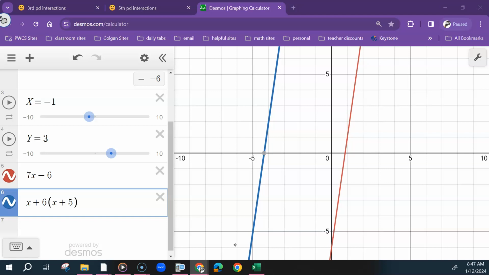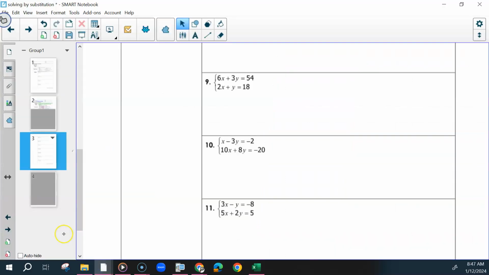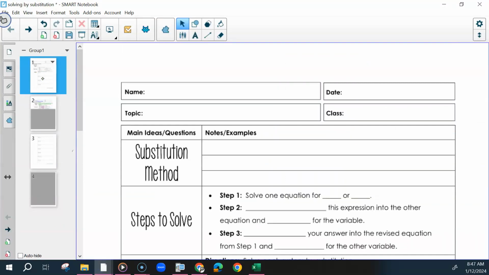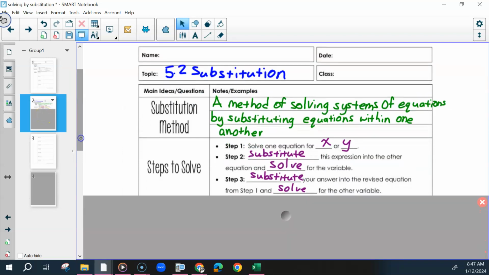We are starting our next lesson on substitution. Don't you have those notes in front of you? Go ahead and copy down this definition. So for substitution, a method of solving systems of equations by substituting equations within one another.